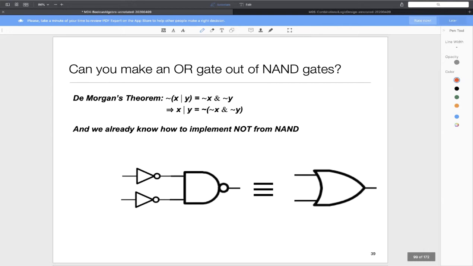And we already know how to make NOT from NAND. So what I have shown you is that using NAND, I can make NOT, and using NAND, I can make OR. So if I only give you a supply of a whole bunch of 2-input NAND gates, you can make anything.